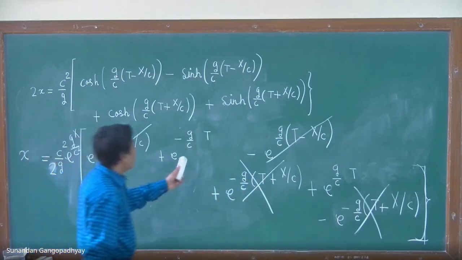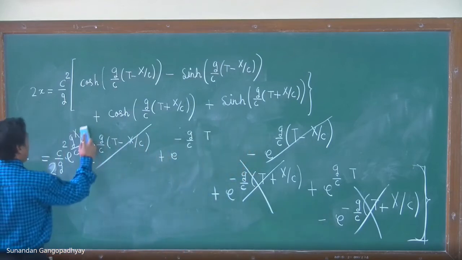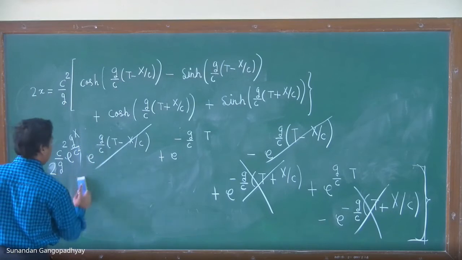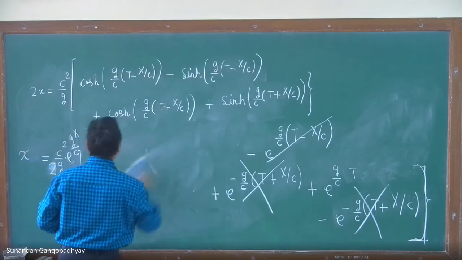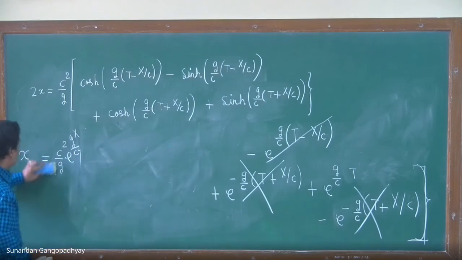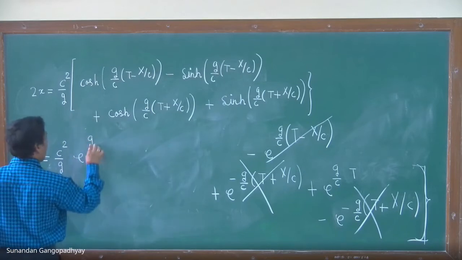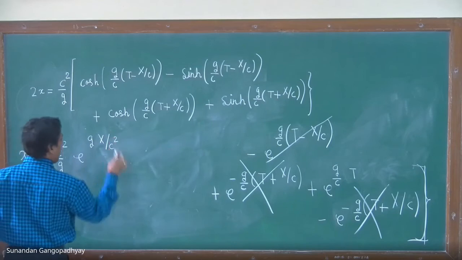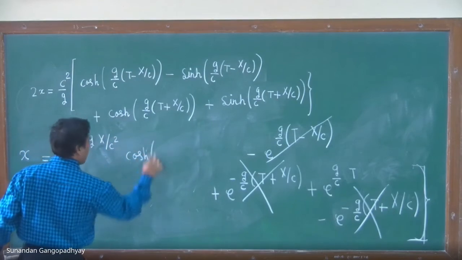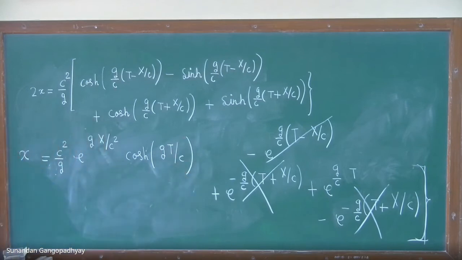So what is this one? So this is twice cos hyperbolic gt by c. So twice, 2 gets cancelled. So what we have is the following: e to the power of, so x is this.